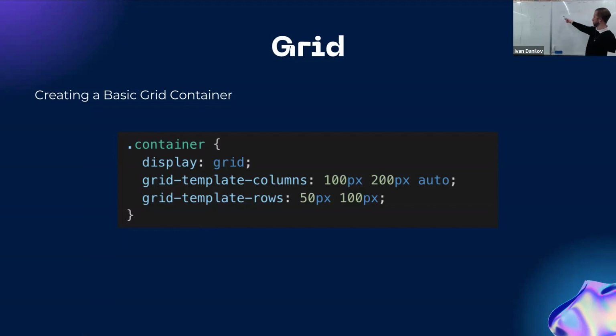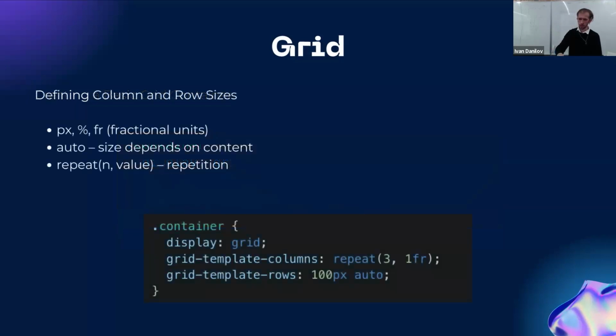Then every component, that part, that part, and that part, we can place inside those columns and rows, or just areas. You can write it with pixels, with percentages, and other units.